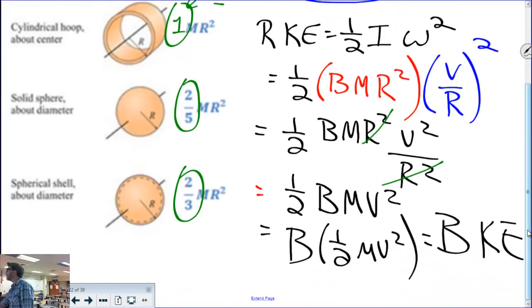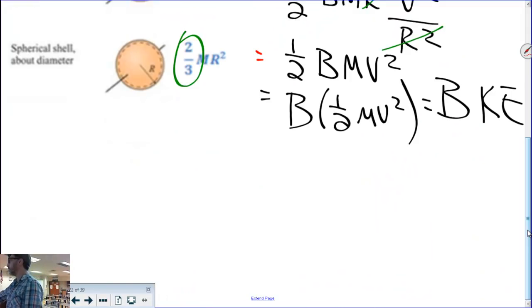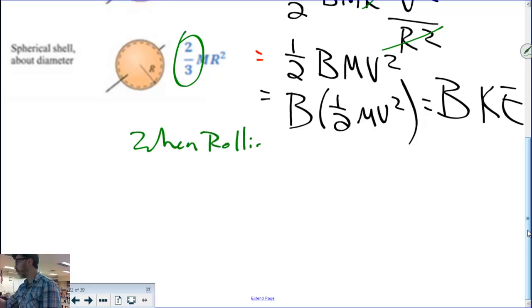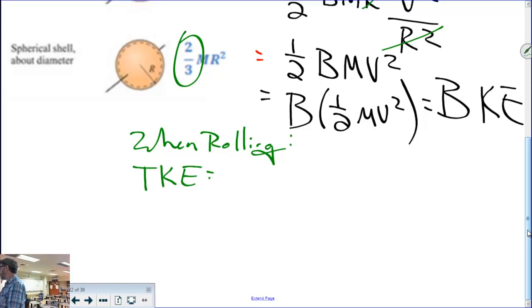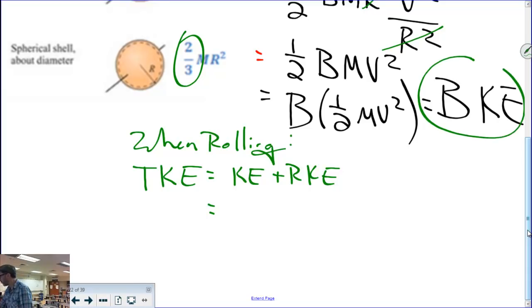So what that means is, when rolling, our total kinetic energy is the sum of the kinetic energy plus the rotational kinetic energy. Our kinetic energy is 1/2 mv squared. Our rotational kinetic energy we just discovered is b times KE. So this is KE plus b times KE.